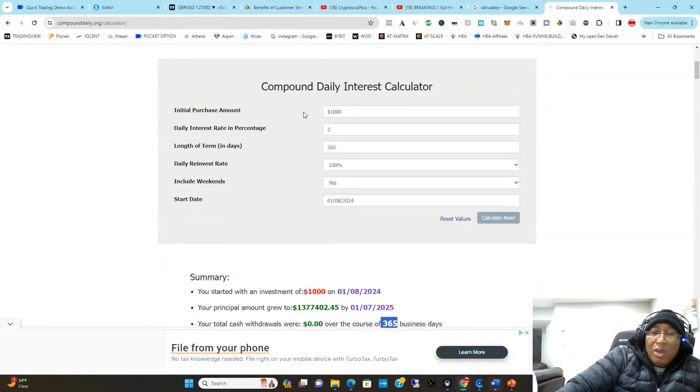If you're starting with less than $100, you can work out how long it's gonna take you. If you start with 500, maybe you need longer, more than a year.